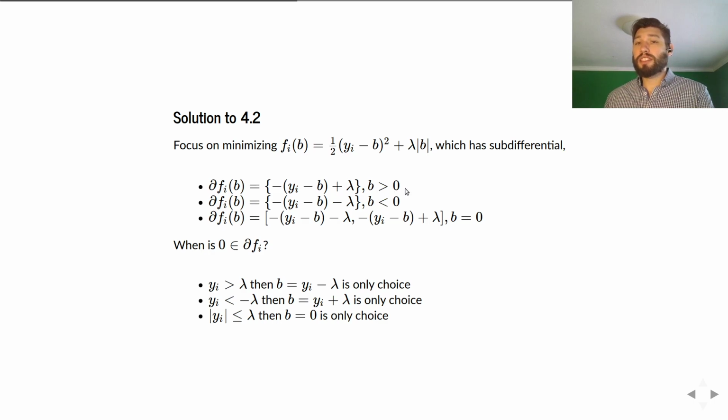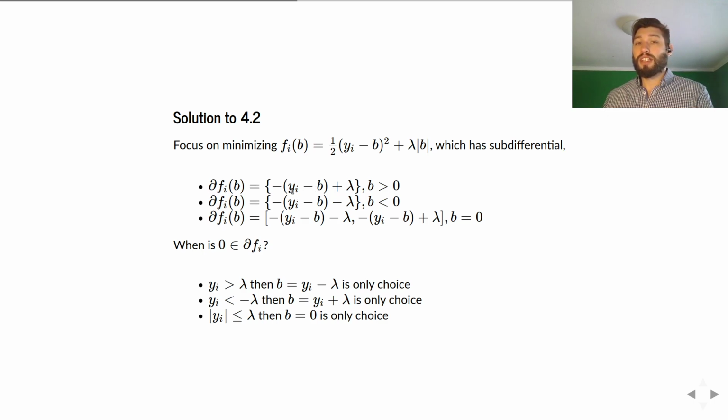If b exceeds 0, then the subdifferential of the square error part is just minus (y_i minus b), because this is the derivative of the squared term. And then the subdifferential of the absolute value is the singleton lambda when b exceeds 0.